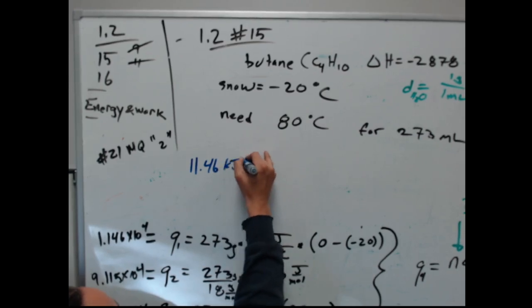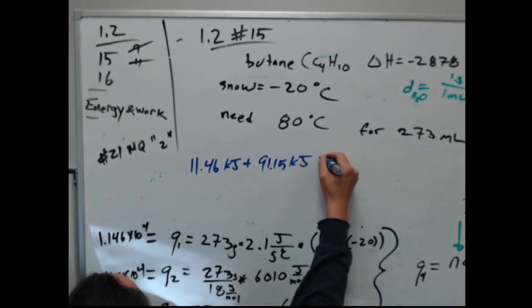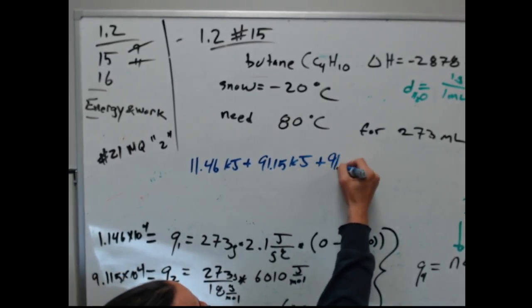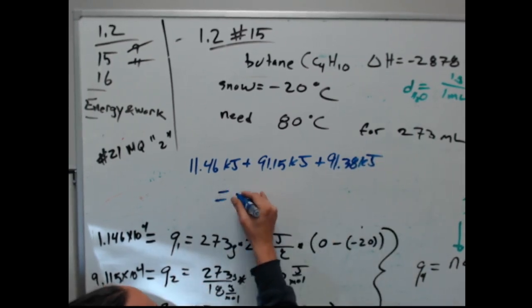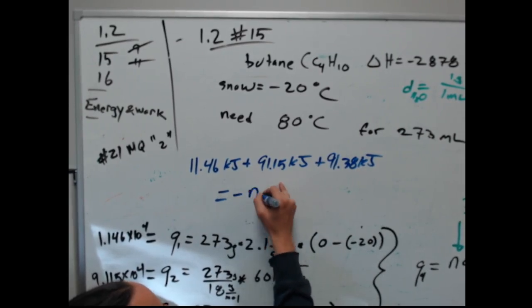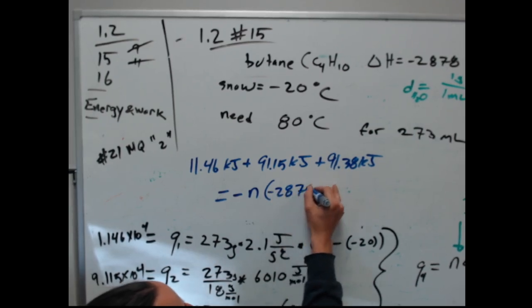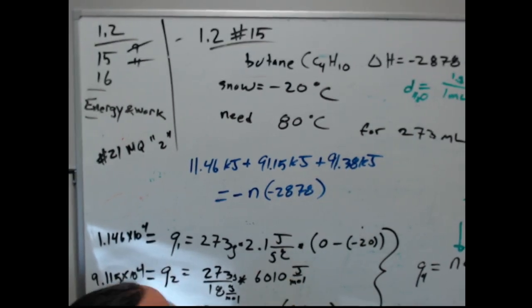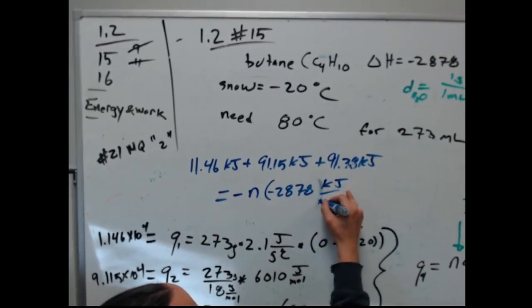11.46 kilojoules plus 91.15 kilojoules, so much easier, plus 91.38 kilojoules is equal to negative n times negative 2.878 kilojoules per mole.